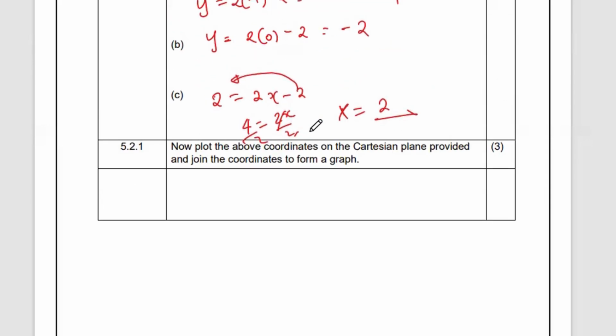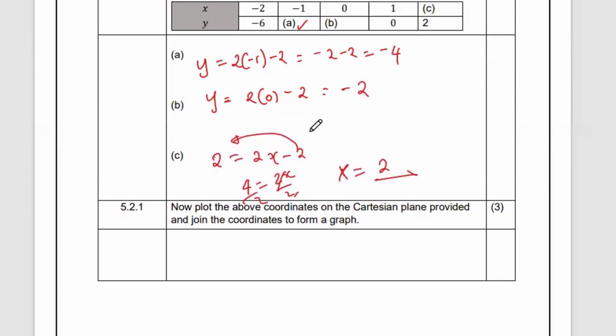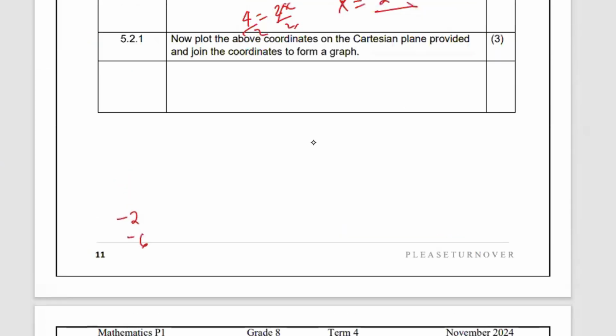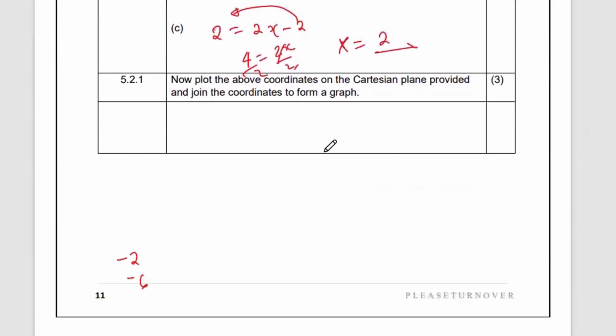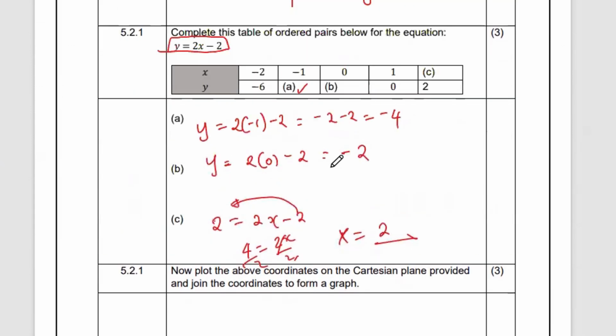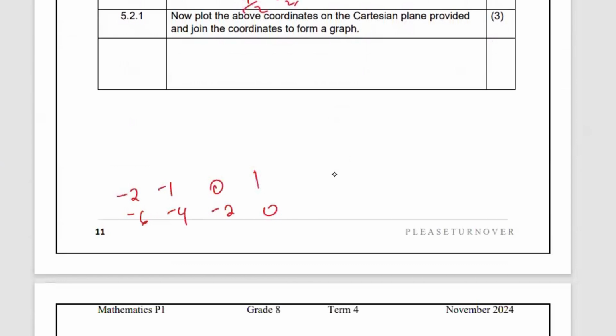Then they want us to use these points to plot our graph. So if we have -2, -6, then we have -1 and we said -4. We have 0 and -2, 1 and a 0. I hope I'm right. Yes, and then 2 and 2. So we need to plot this.